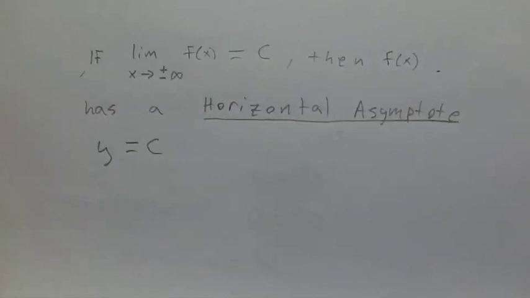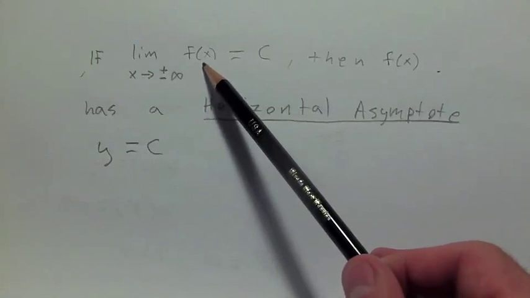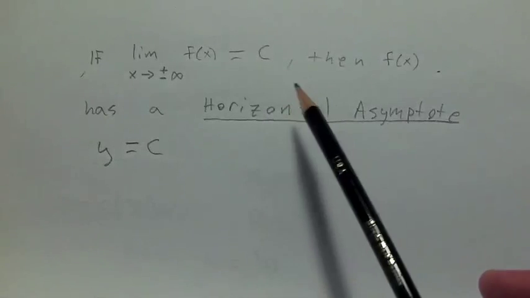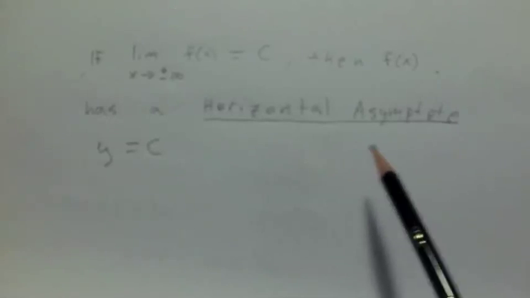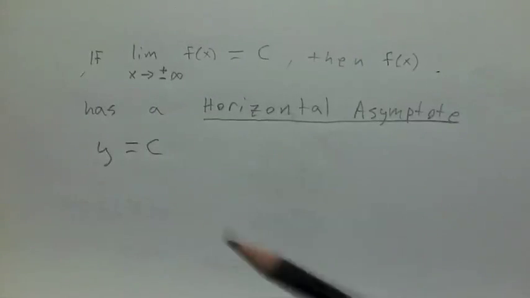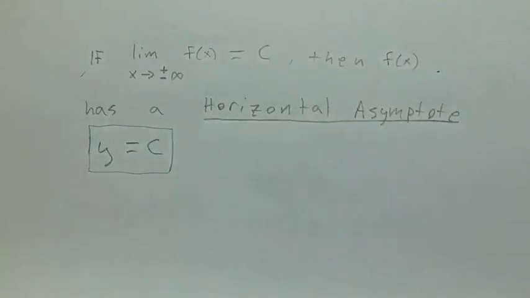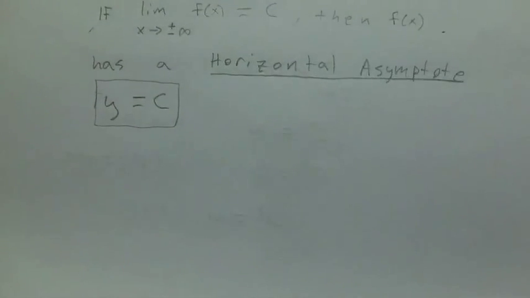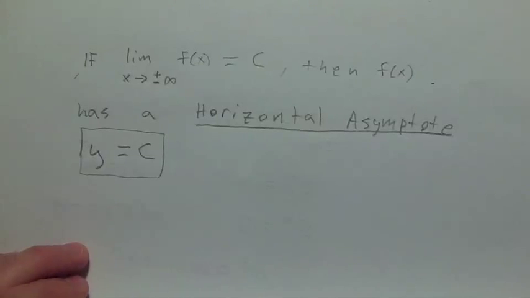Here, it's kind of flipped. If the limit as x goes to plus or minus infinity of f of x equals c, some finite number, then f of x has a horizontal asymptote at y equals c. And just like the other ones, this is actually how we write it. This gives us the new way to talk about asymptotes.